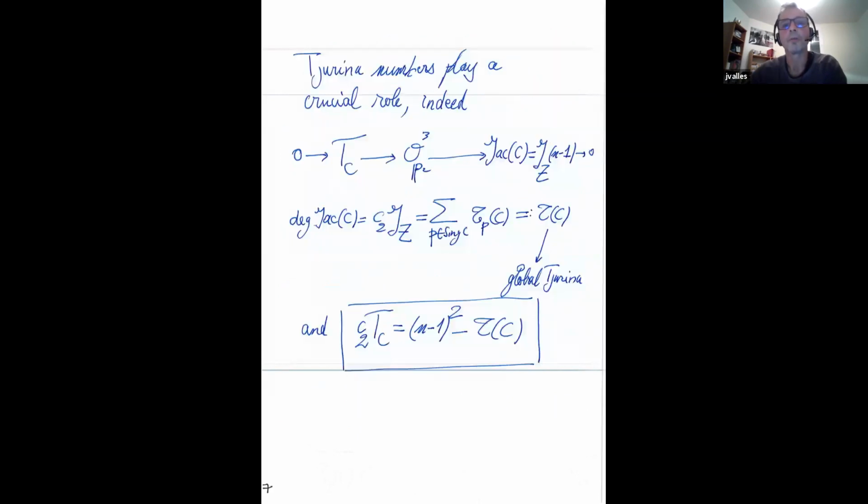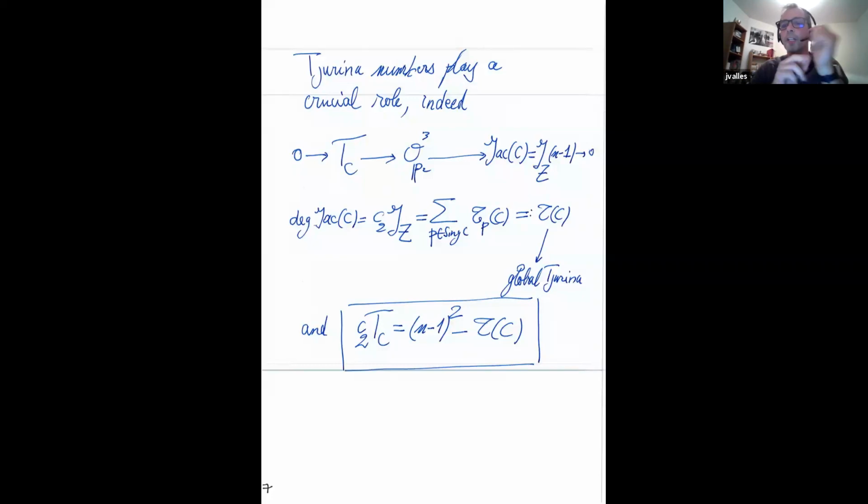So the numerical invariant of our vector bundle depends on the Tjurina number of C and not the Milnor number of C. Remember that these numerical invariants play an important role here, because if you are free, c1 is just the sum of the two exponents A and B. If your vector bundle of rank 2 is O minus A plus O minus B, you have c1 equal to minus A minus B, and c2 equal to AB.